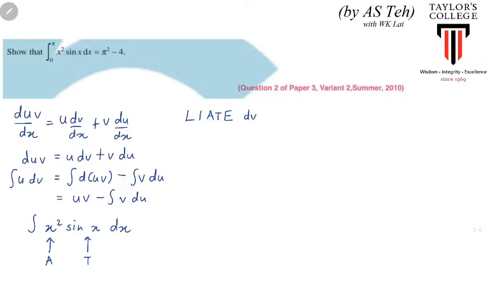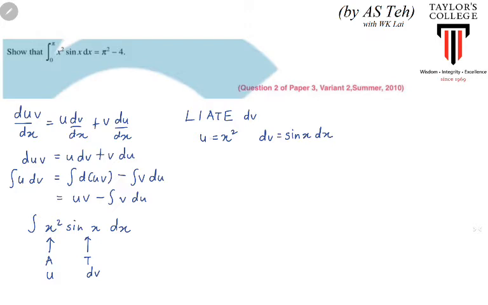As you can see, T comes after A, so I will represent this function as dv, while x squared I will represent as u. So therefore, let me write it over here. So u becomes x squared, while dv becomes sine x dx.